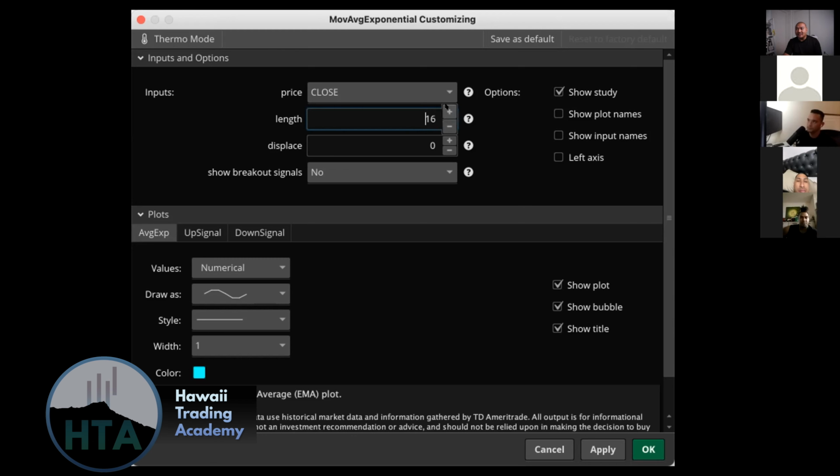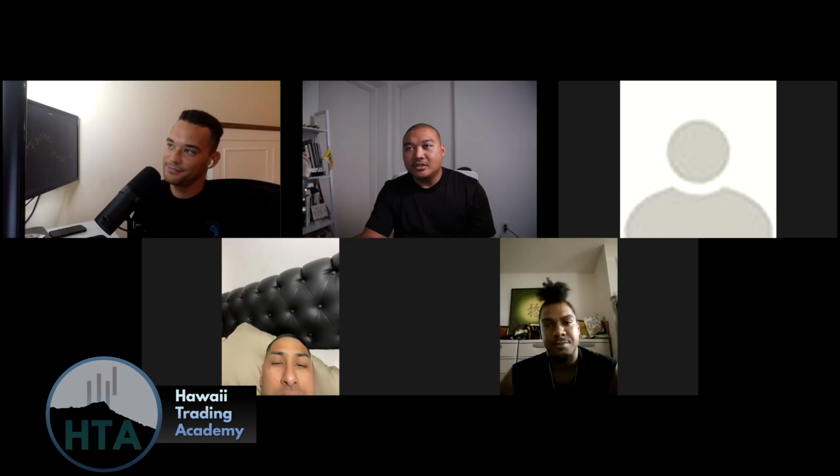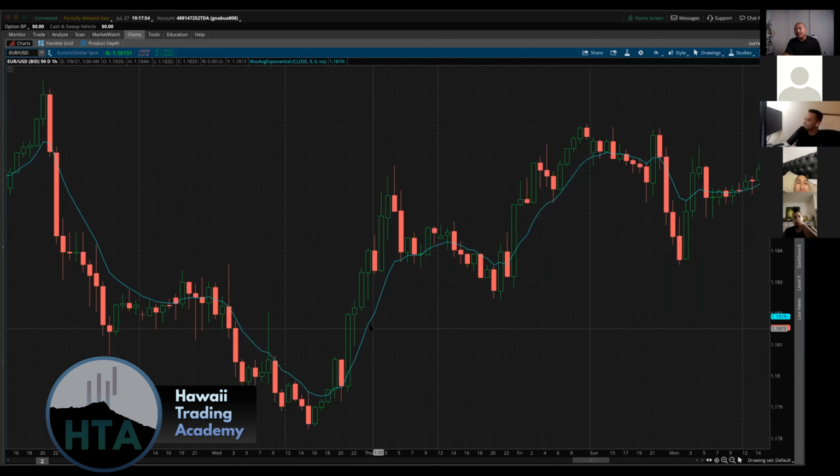You can adjust it to 15, 20. You're going to hear other traders use a specific number because it's their favorite number or their birthday or whatever, and good luck to them. But the program just defaults it to 9 bars, and you can see it's plotted on your chart.